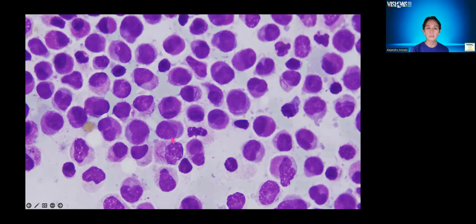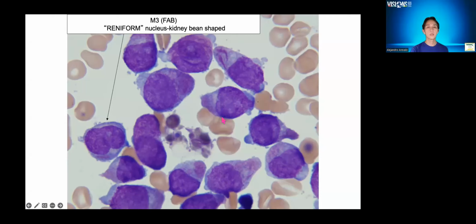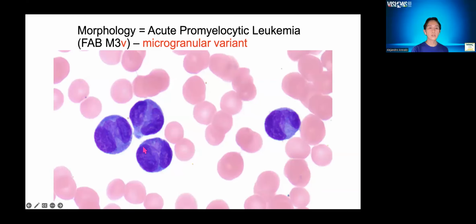And in one blast cell, you would see bundles of Auer rods. Now, in the hypogranular variant, oftentimes the nucleus appears bilobed or reniform, wherein the nucleus appears kidney bean shaped. Okay, so this is another example of a microgranular variant of acute promyelocytic leukemia.